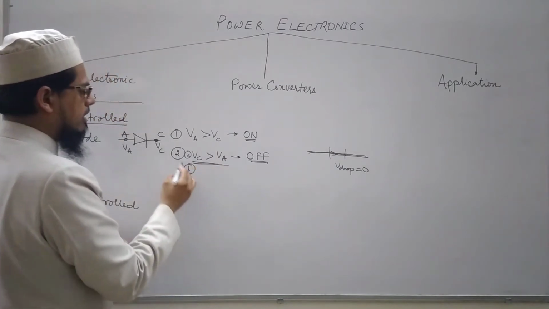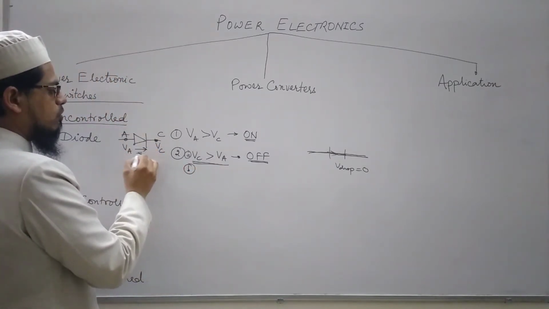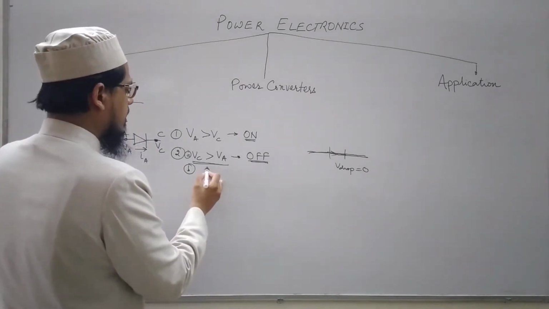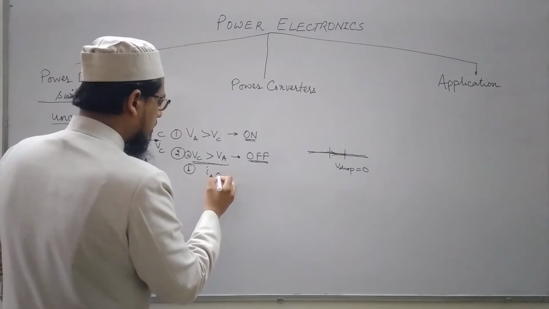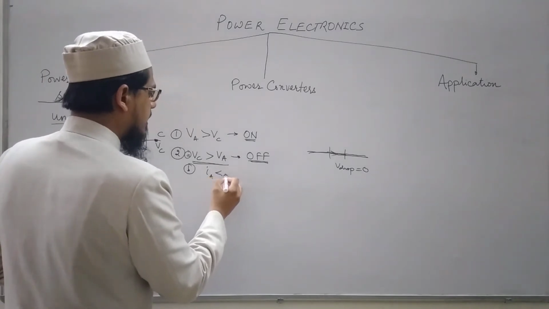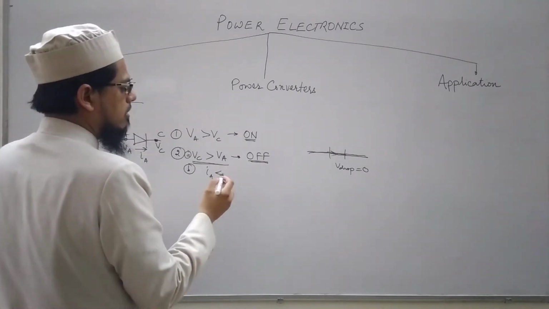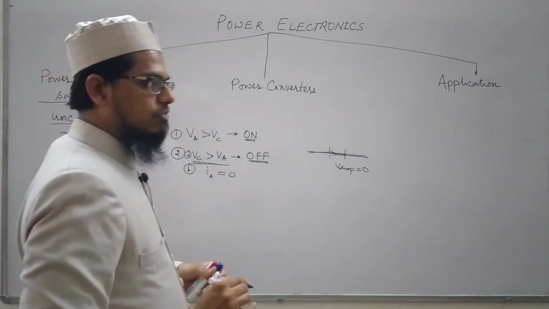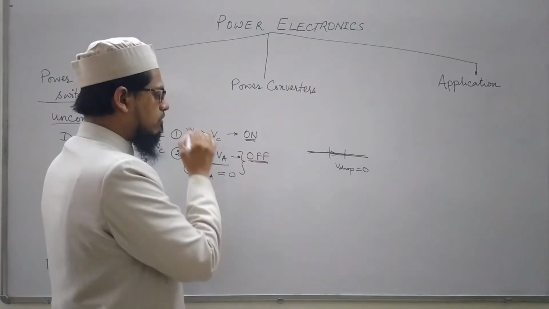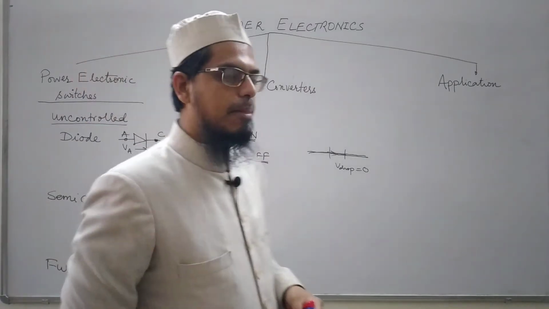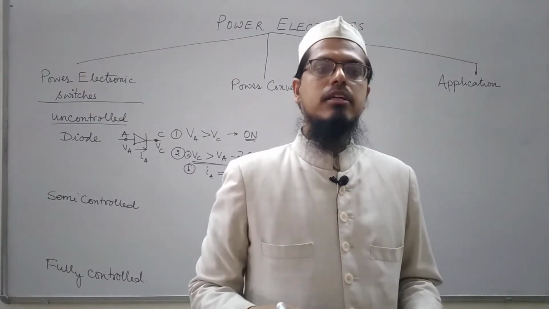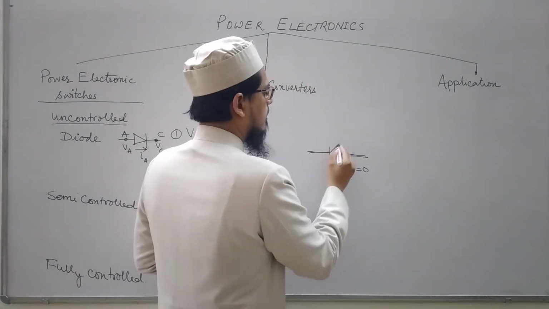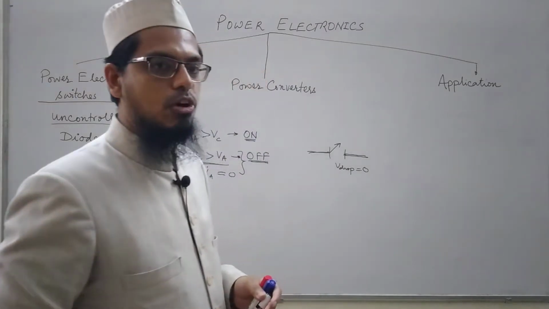There is another criteria, that the current flowing through the diode, call it the anode current, should be less than the holding current. We will assume that this is equal to 0. If these two conditions are satisfied, then we say that the diode has turned off. It will now be in a state wherein the switch is off.